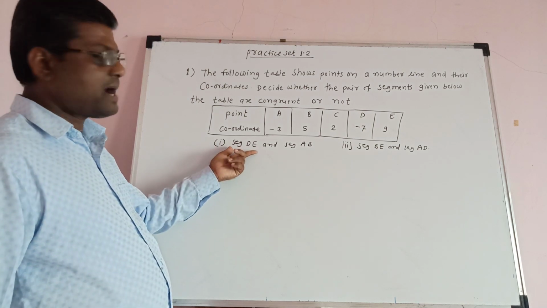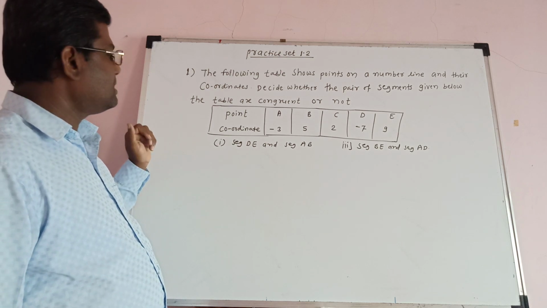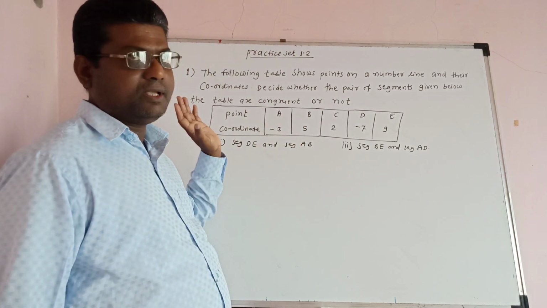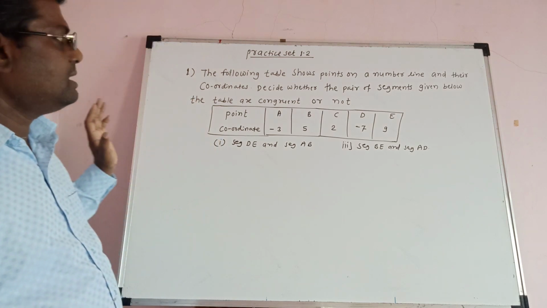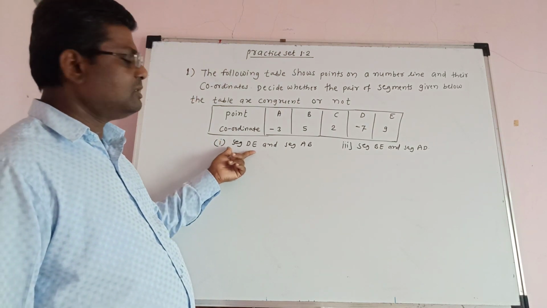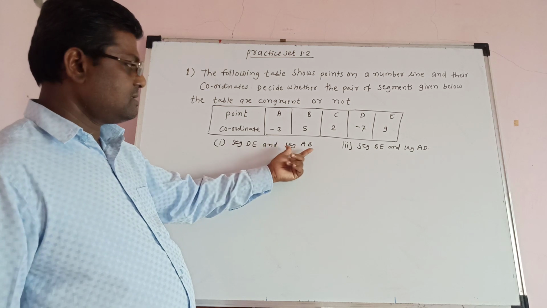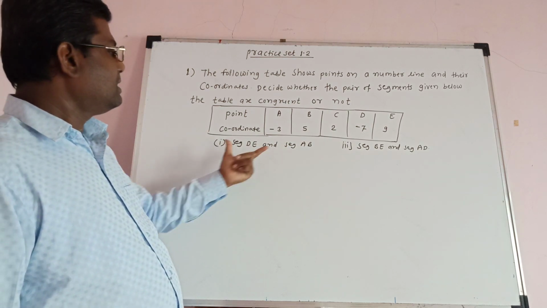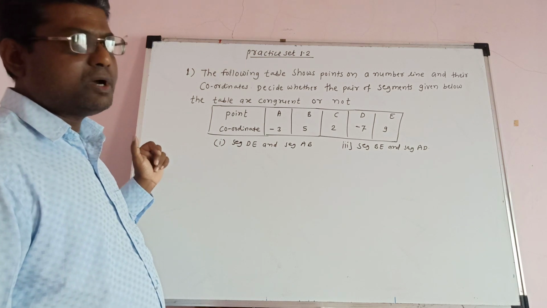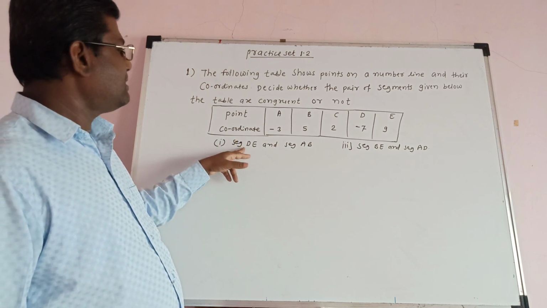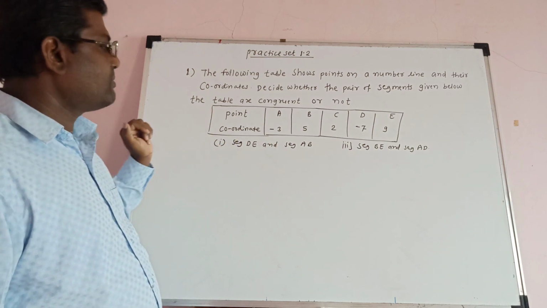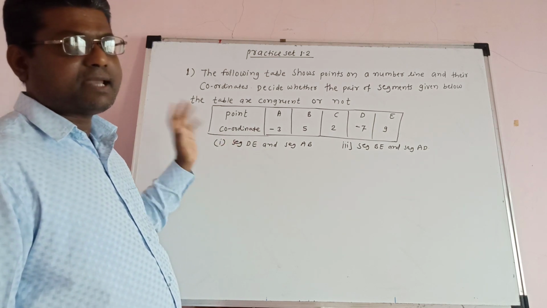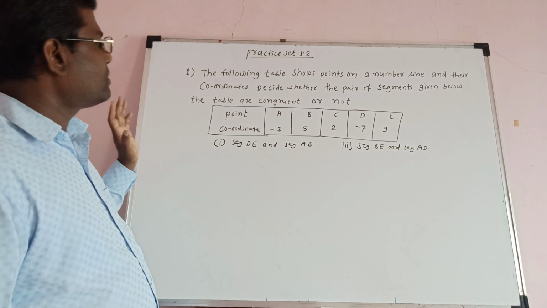So we have to find at first the distance of DE and the distance of AB. Distance of DE is equal to the length of DE, and distance of AB is equal to the length of AB. If these two lengths are equal, then segment DE is congruent to segment AB, and if they are not equal, these segments are not congruent.